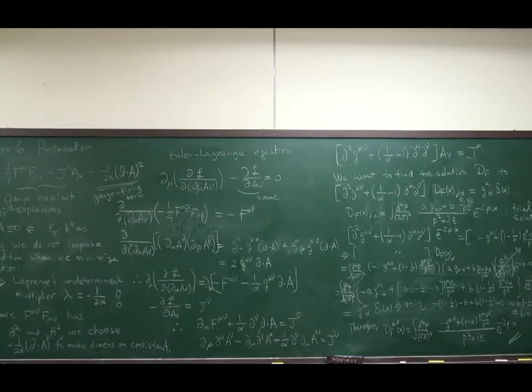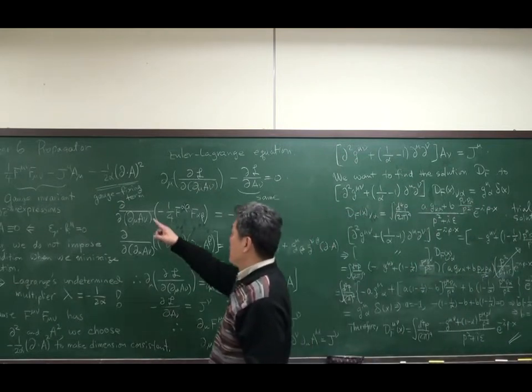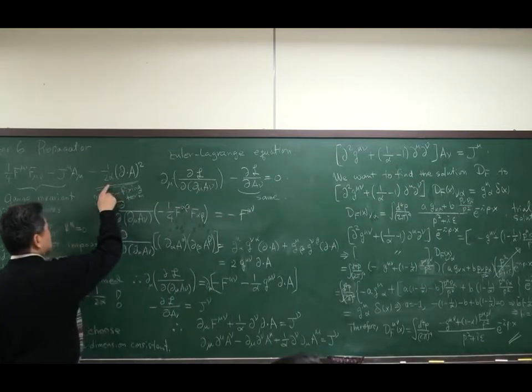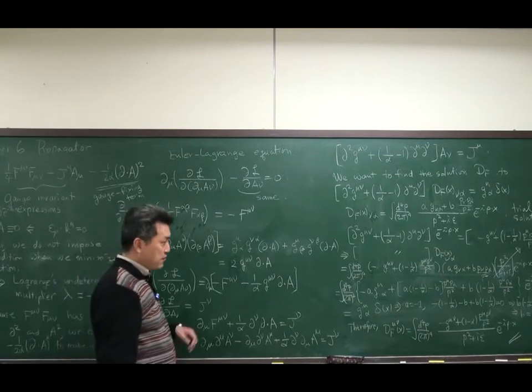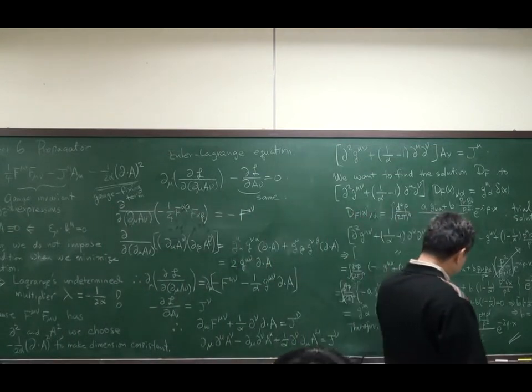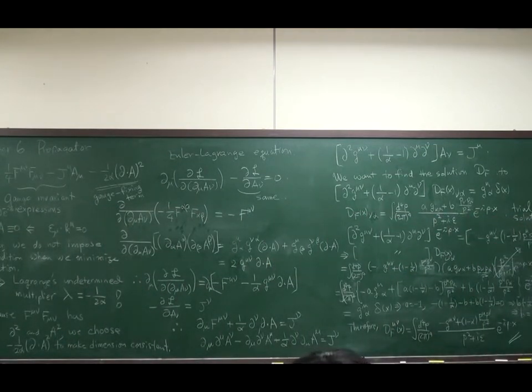Okay. In the previous class, we had the Lorentz gauge. The result is obtained when alpha is equal to 1. Then this term disappears. Although this is ill-defined as alpha goes to 0, we can still take the limit alpha goes to 0.